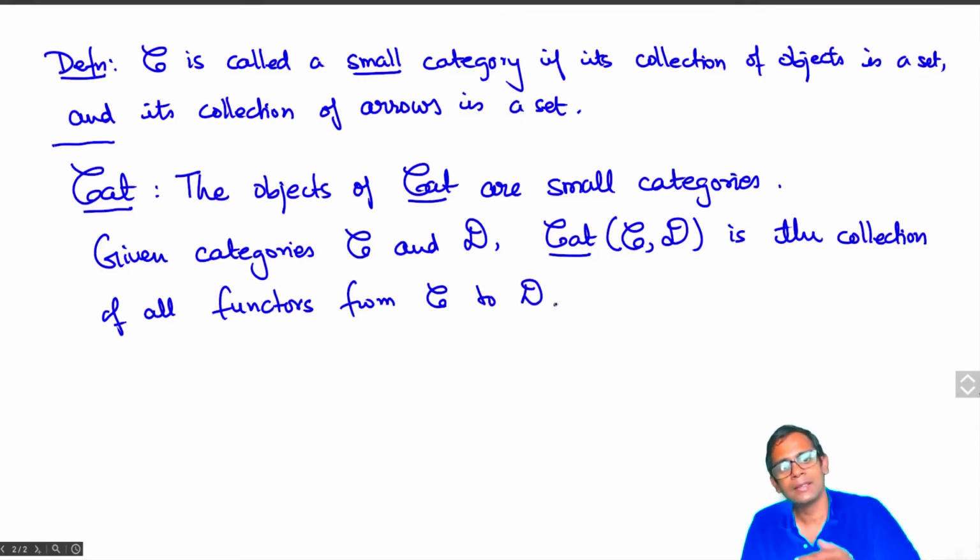So you can check that Cat satisfies the axioms for being a category.